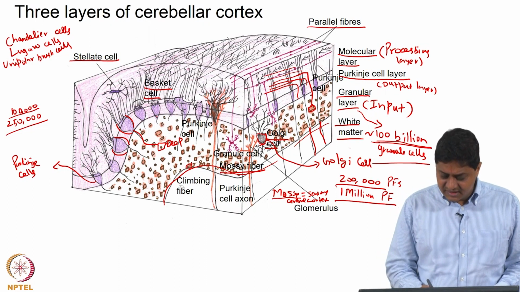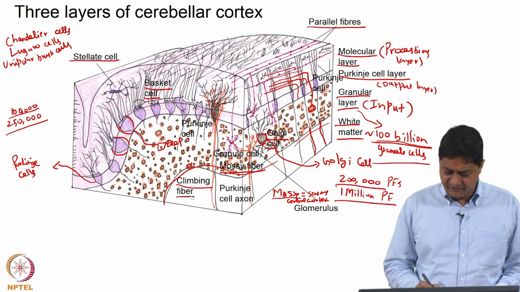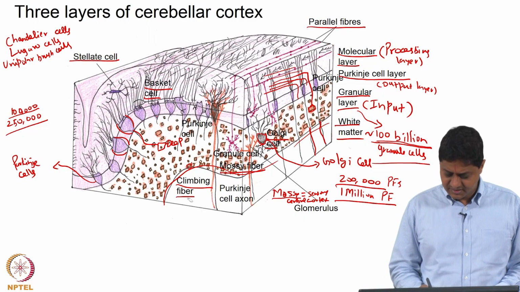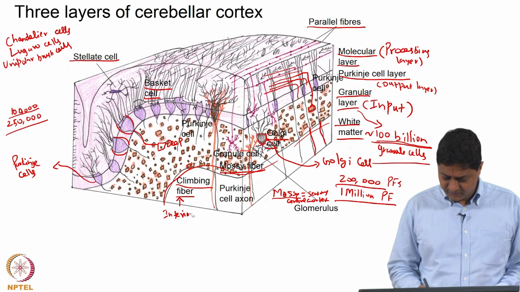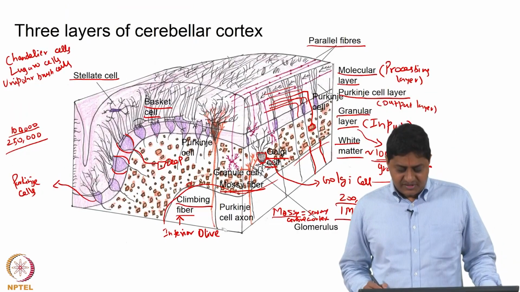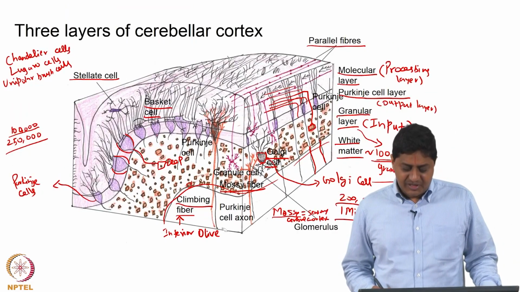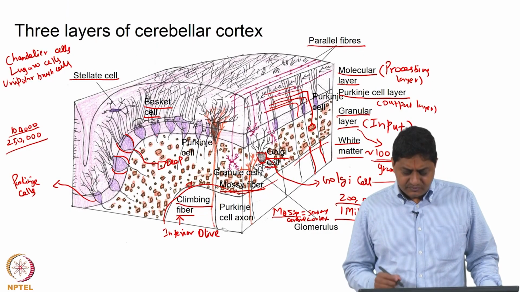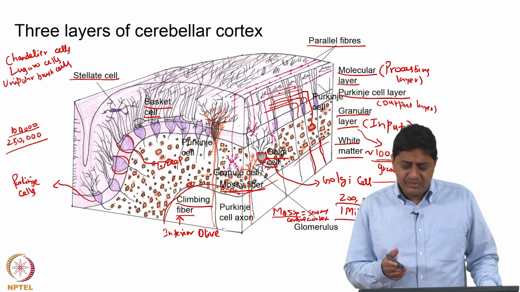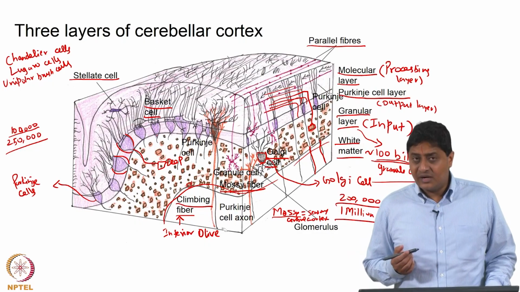And then there is a special fiber that arises from the inferior olive. These types of fibers are called climbing fibers because these fibers climb through the granular cell layer.